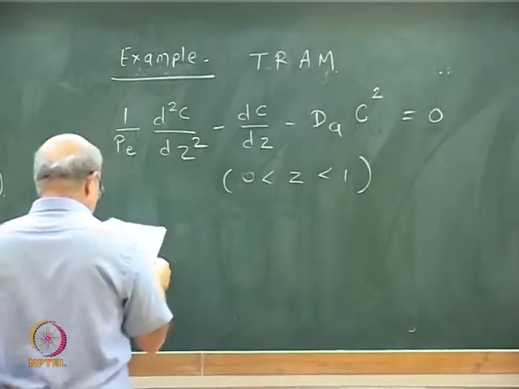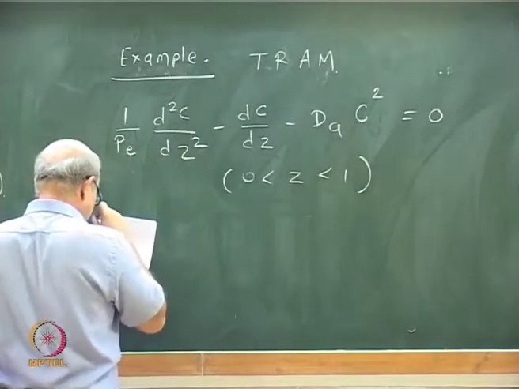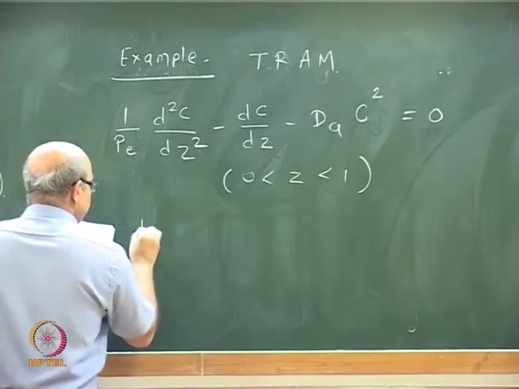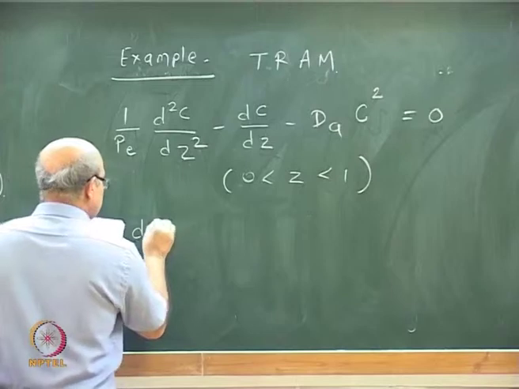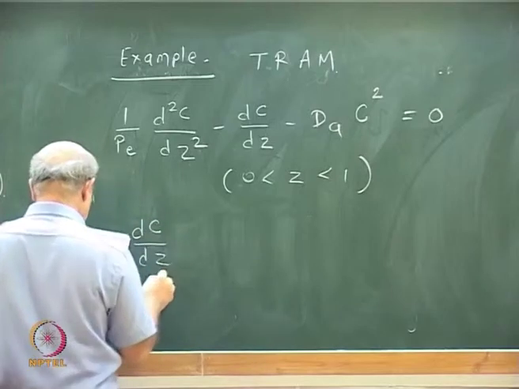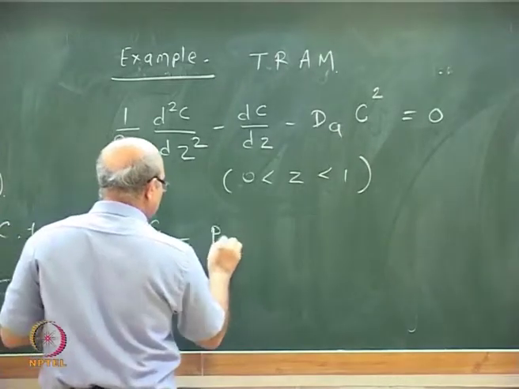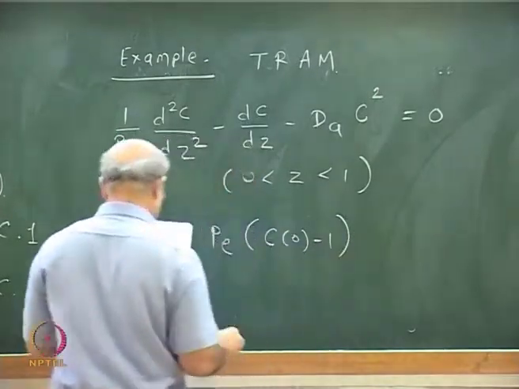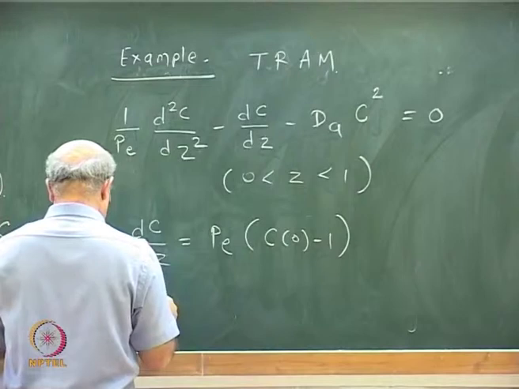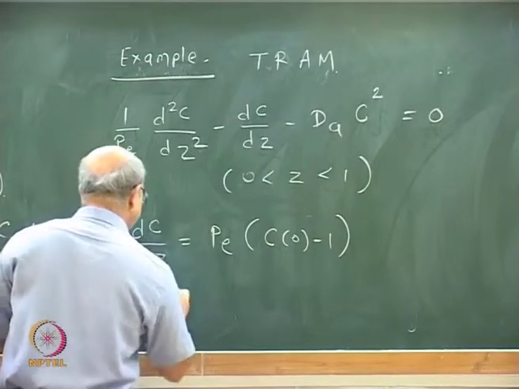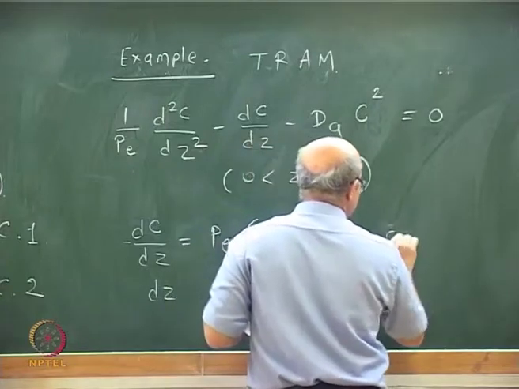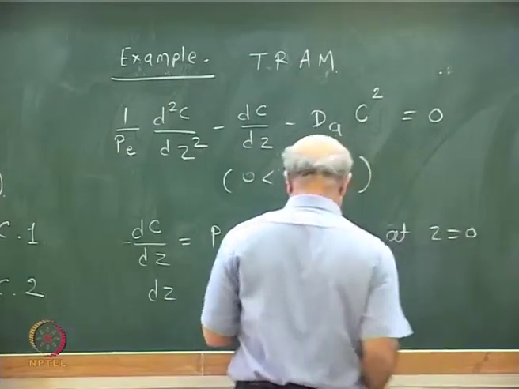Then you have two boundary conditions. The first is dc by dz equal to Pe into (C minus 1), and this should happen at z equal to 0.